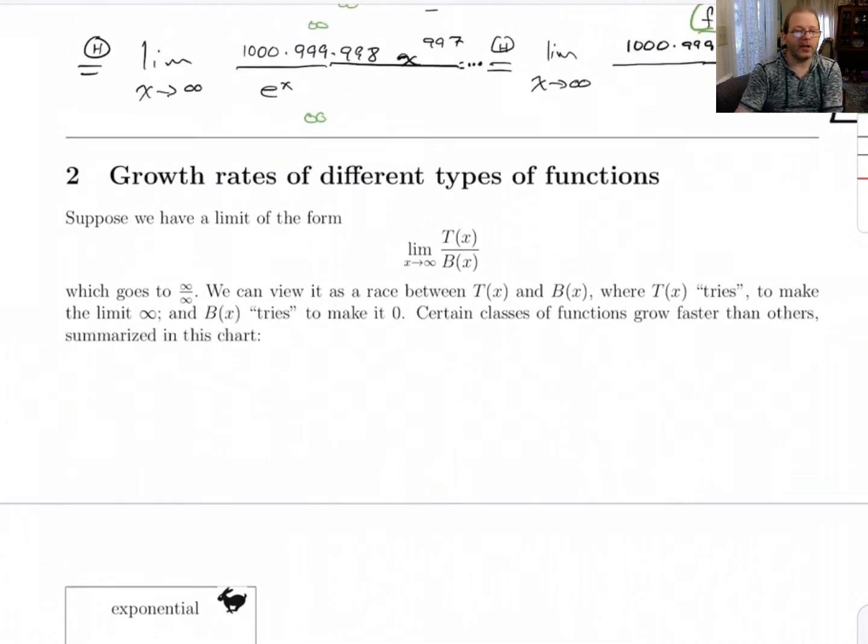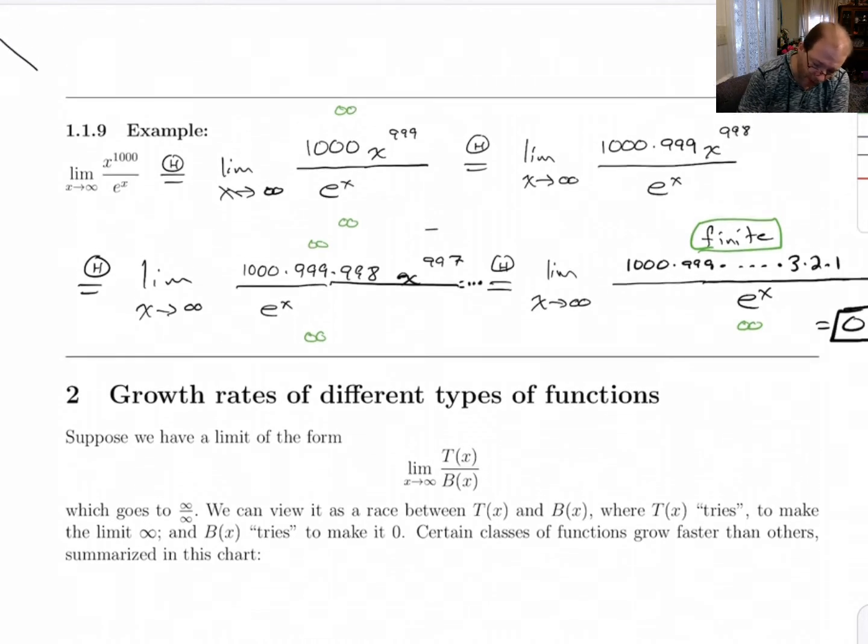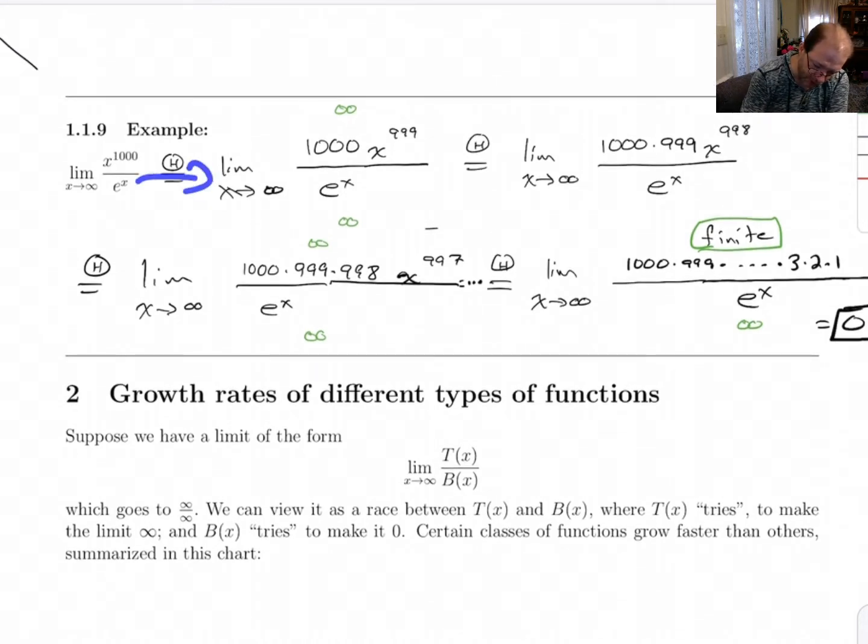And we kind of saw that up here. This is a really big polynomial, x to the 1000, but e to the x eventually outruns it because it's an exponential. And we saw why. If you use L'Hopital's rule a bunch of times, the exponential stays the same, and the polynomial, every time you use it, gets knocked down by 1 on its degree. So eventually, you get a constant on top.